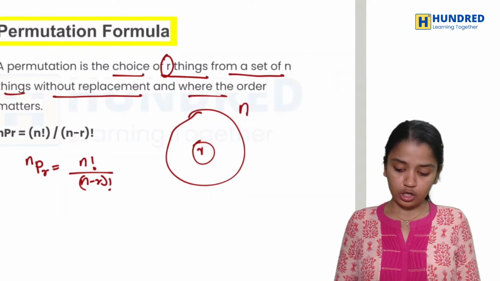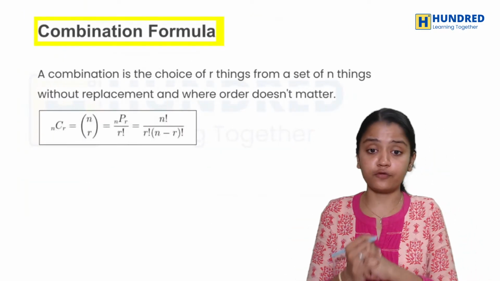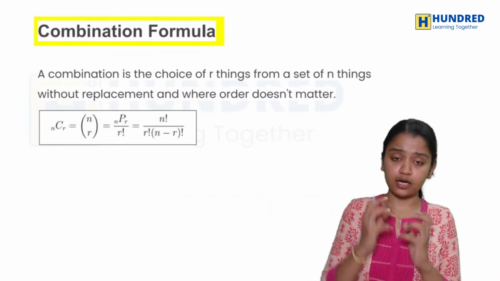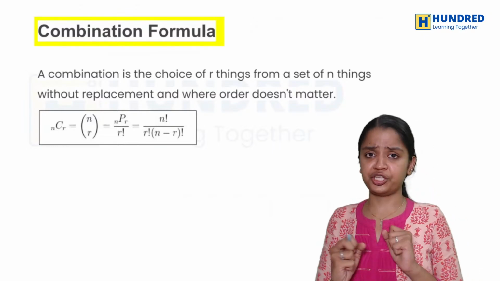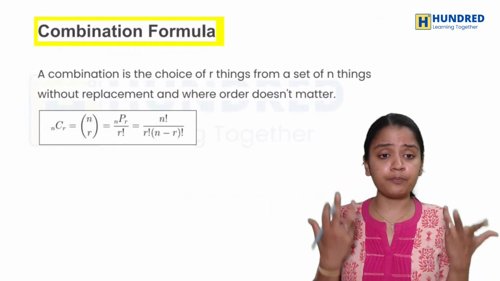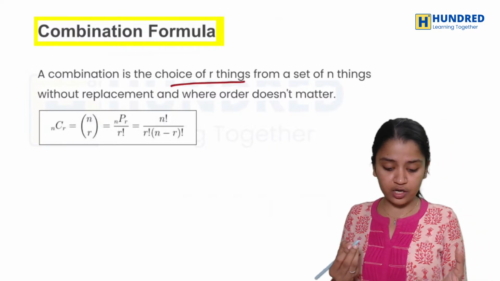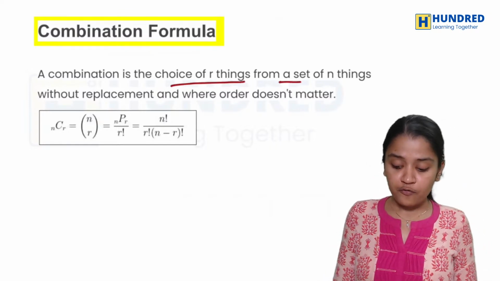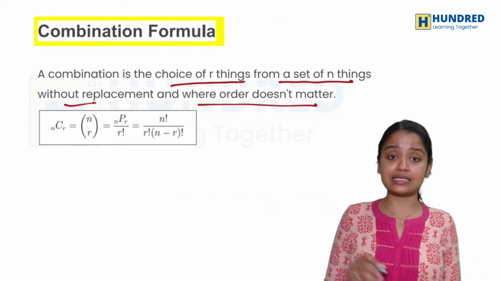Okay, so now let's talk about the combination formula. So here what is a combination? Till now we have spoken about permutation. Now what is a combination? Combination is the choice of r things from n things without replacement when the order doesn't matter.